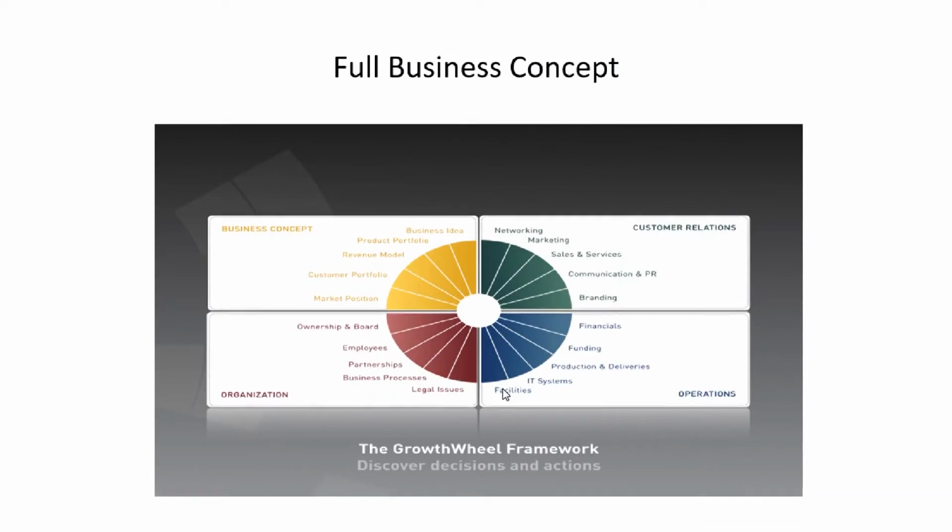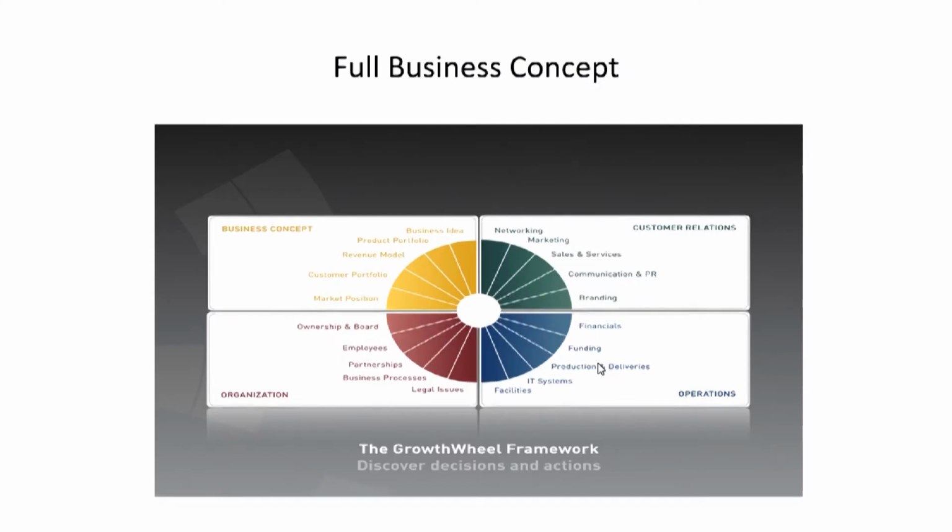Now we move on to the third one under operations, which is your production and deliveries. Under production and deliveries, basically we look at what happens behind the scenes before the product or the service gets to the customer. What do we need to do? In this case, it's all of the employees within the business.